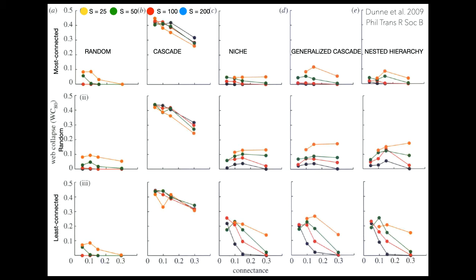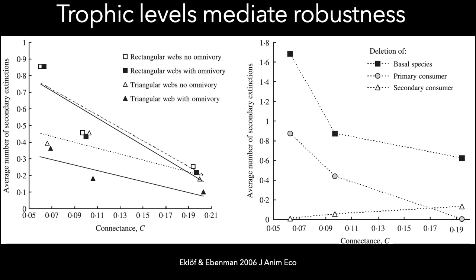For simplicity, we can focus just on the niche one, and we can see that with increasing the number of species, we can also increase the robustness. So it's clear that how we decide to lose species is going to have an impact on the robustness.